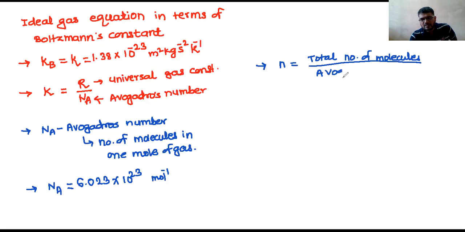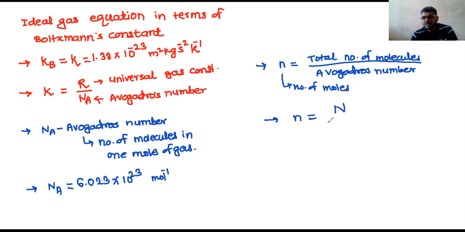Small n is number of moles. So can I write like this: N is equal to the total number of molecules, I am denoting it by N. N by Na we got.